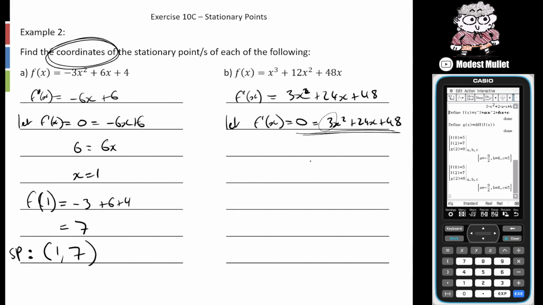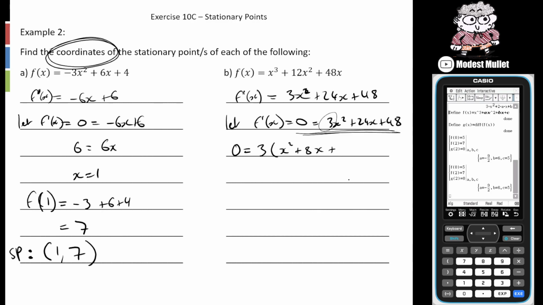We've got a non-monic quadratic, so we've got this 3 out front of the x squared. So we're either using cross method or quadratic formula, but the very first thing on the flowchart is common factor, which we can take out. We get 0 is equal to 3, take out 3 as a common factor, x squared plus 8x plus 16.